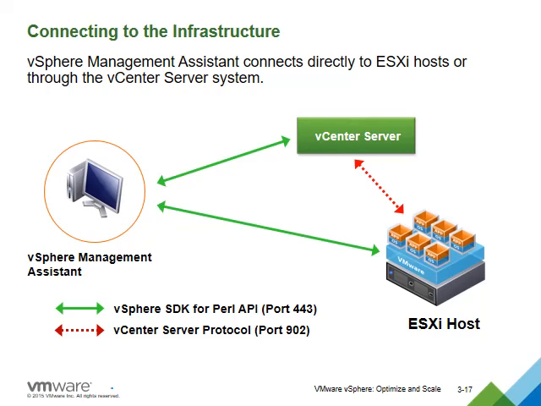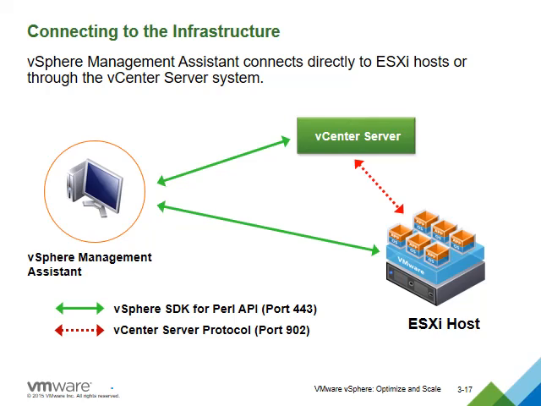And you'll want to ensure also that pinging resolves the IP address of your target server's domain. Once you connect your vSphere Management Assistant, or your VIMA, directly to your ESXi host, those commands are directly targeted at the host or sent using the vSphere SDK for Perl API. Those commands are also sent to the host through the vCenter server system, or first sent to the vCenter server system using your vSphere SDK for Perl API.